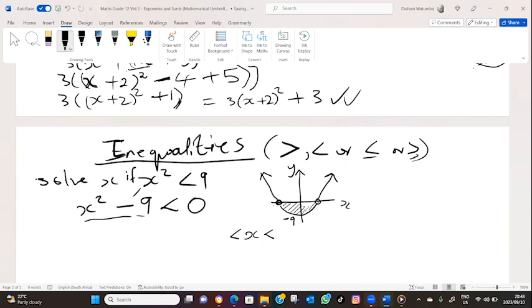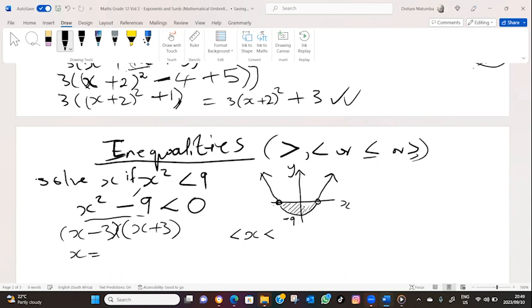Now, how do we solve these two values, the solutions? There are many ways. We can solve using the difference between two squares, or you can still use the formula that I gave to you, the quadratic formula. If you use the difference between two squares, you will have x minus 3, x plus 3.